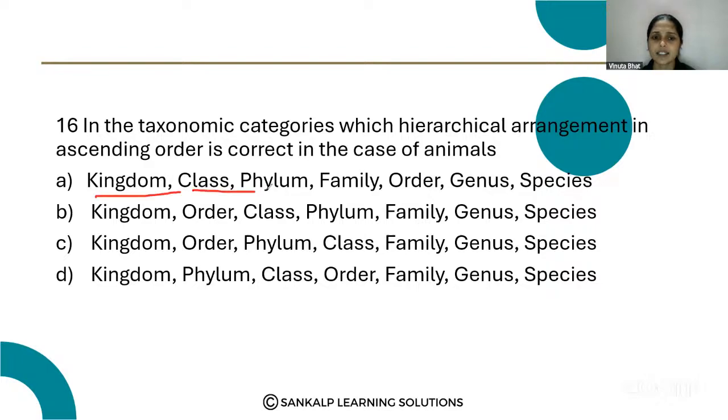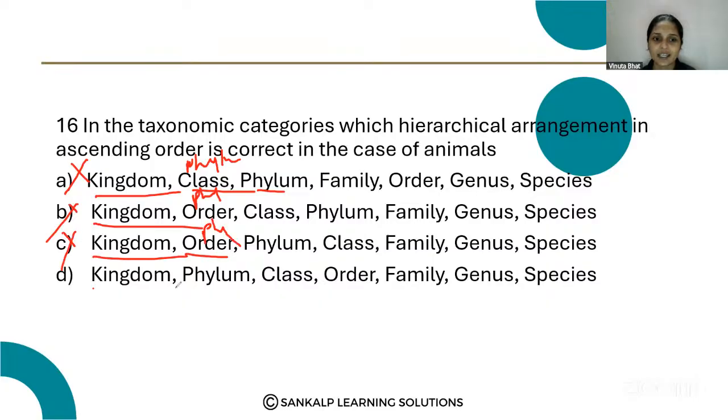Kingdom, class, phylum. So after kingdom, phylum should come. So option 1 is the wrong one. Kingdom, phylum. So here also phylum is not there. So option B is also wrong. Here kingdom, order is there. No phylum. So this is also wrong.